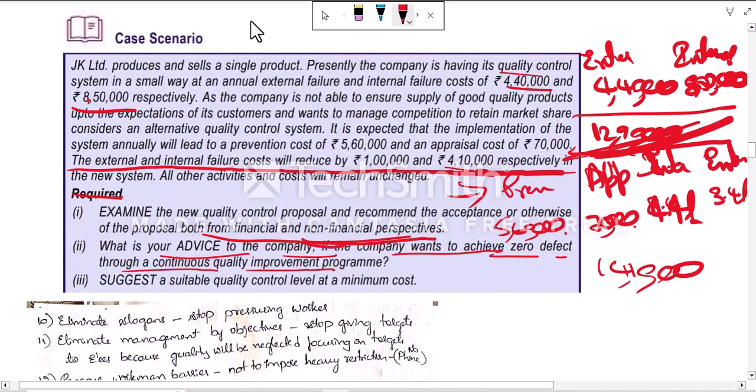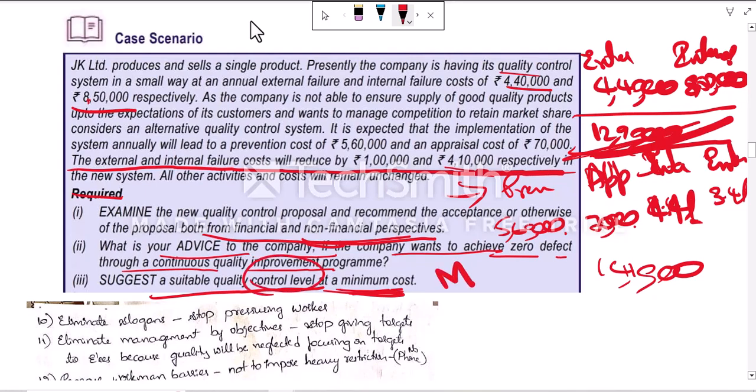Suggest a suitable quality control level at a minimum cost. So what is the level? What is the minimum cost? What is the control level? We know the minimum, the optimal cost of quality.